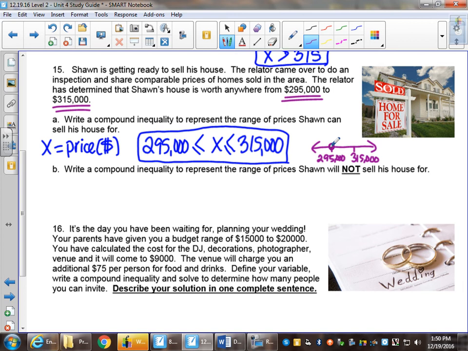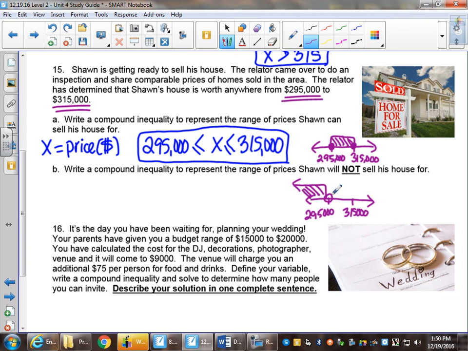We're saying that he's going to sell his house for anything in this range. So the answer for the, quote, not part will be literally the exact opposite of this. So before you even try to write something, actually sketch what's the opposite.